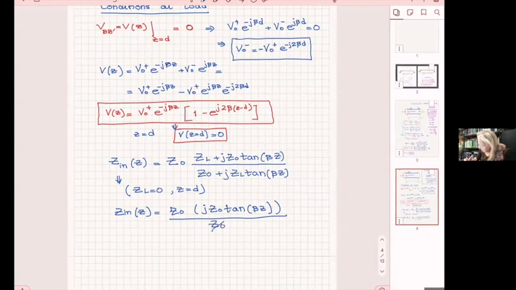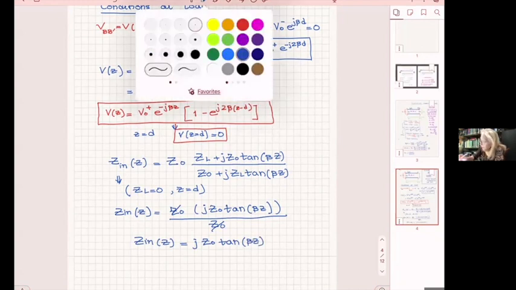So this and this go. So practically we have that Z input at any point Z is j Z naught tangent of beta Z. Okay, now look at that.